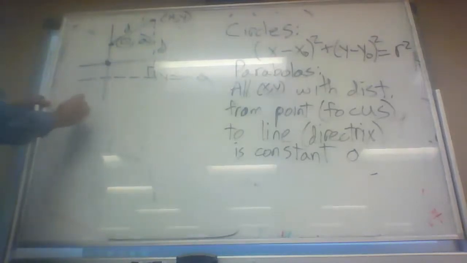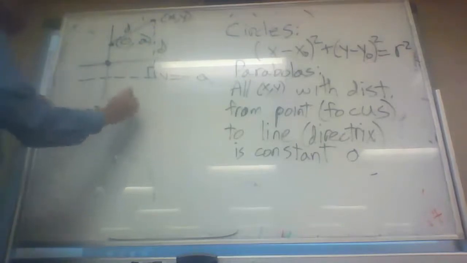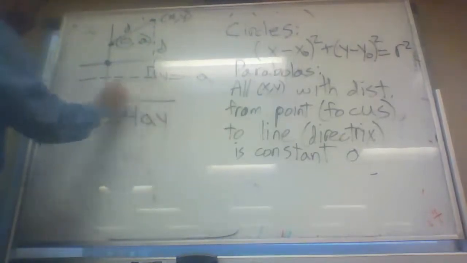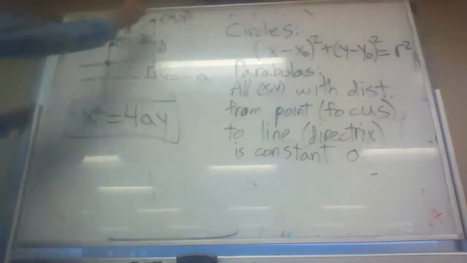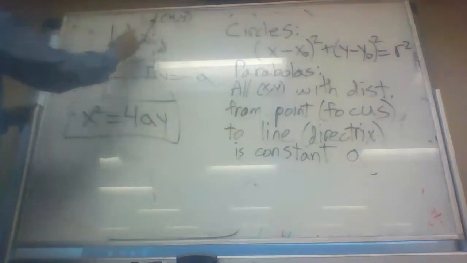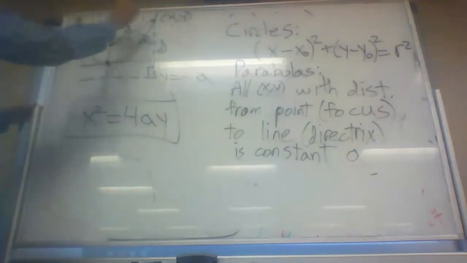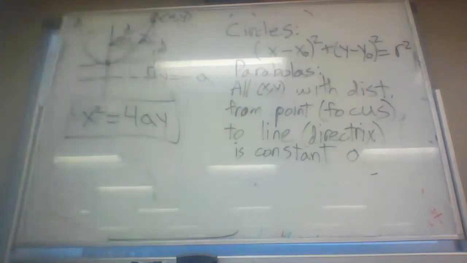Let's call this y equals minus A and 0, A here. And then the equation always comes out to be x squared equals 4ay for an upward opening parabola.